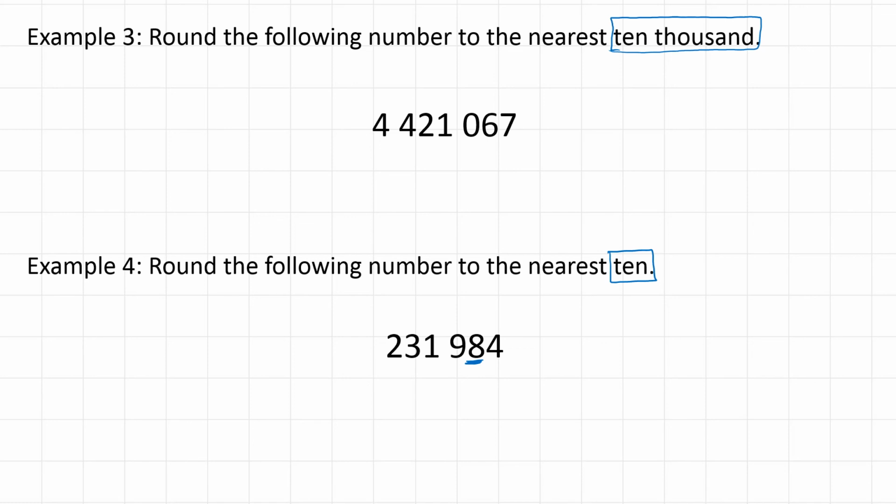Step 2, I'm going to look one to the right. So it's the ones place value. And I notice the 4 is not greater than 5, so I'm not rounding up for this example. So my tens place stays the same, and my ones place becomes a 0. So 980. My final answer, rounded to the nearest 10, is 231,980.